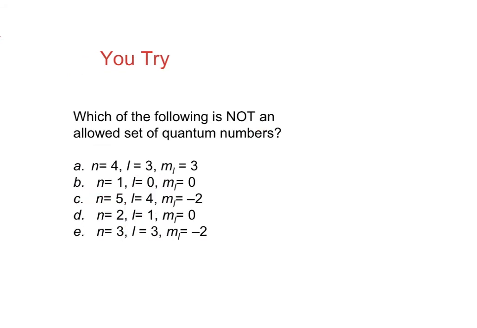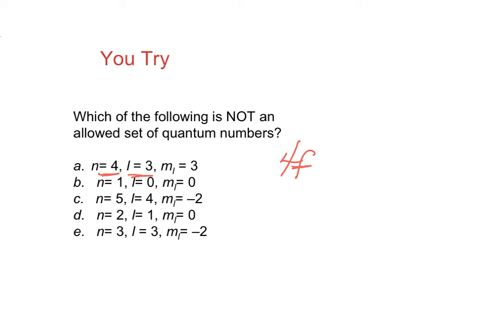Let's try another one. Which of the following is not an allowed combination of quantum numbers? Again, I suggest you turn off the video and try it yourself. All right, let's check this out. n equals 4. I'm going to start writing. l equals 3. What type of orbital are we talking about if l equals 3? That is an f orbital, right?